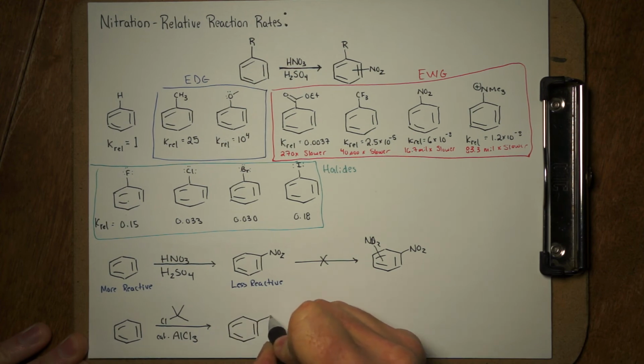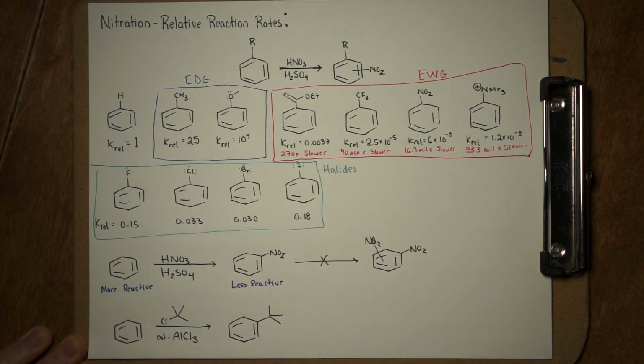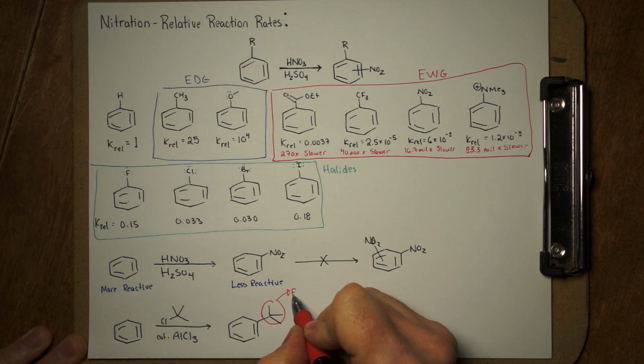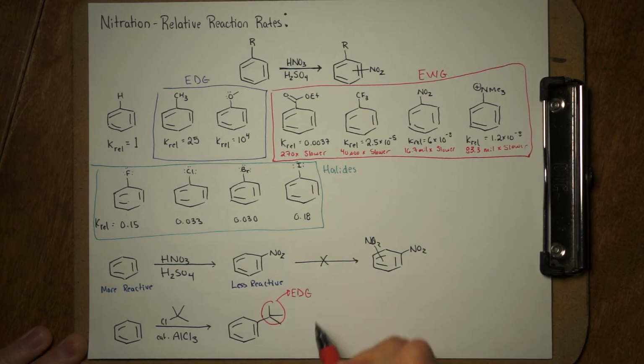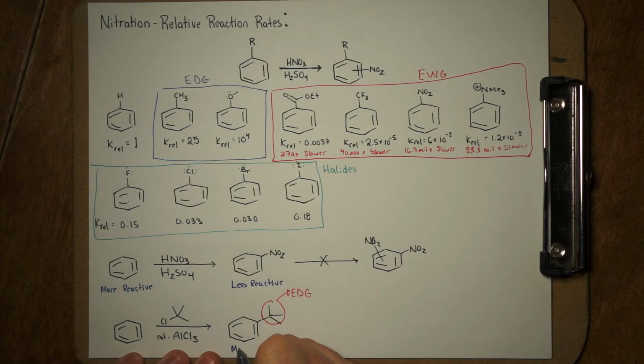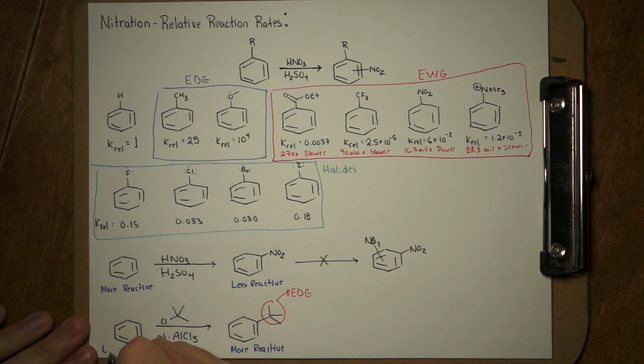And we add that tert-butyl group on there. All right, so what we did was we just added an electron donating group to a benzene ring. And so we are now in the situation where the product that we're making is more reactive than the starting material, which is less reactive.